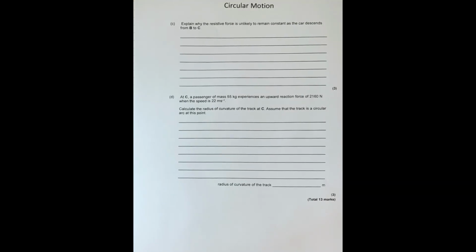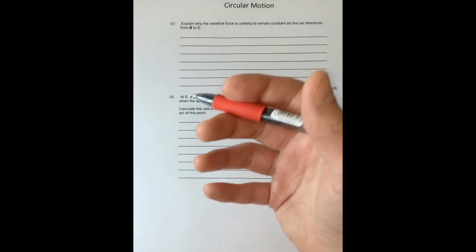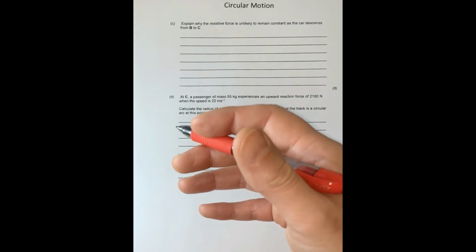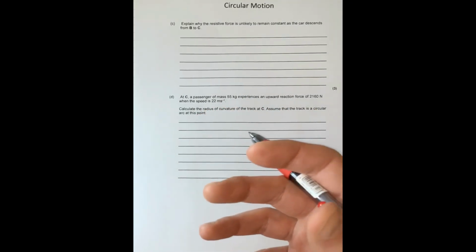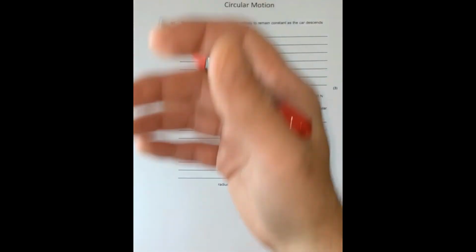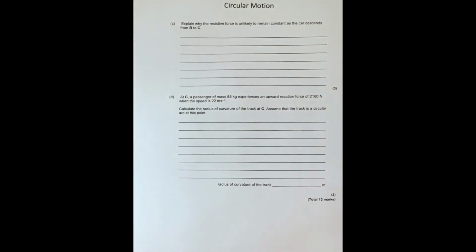Next part. Explain why the resistive force is unlikely to remain constant as the car descends from B to C. Well, it starts off at an initial velocity of 0. So in terms of the air resistive force, that would be 0 because it's not moving through the air, not moving past the track.